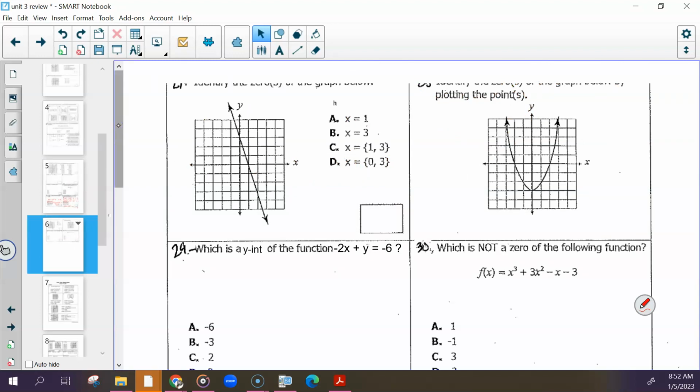What did it say? Identify the zeros on the graph and by finding the points. Okay. Zeros are your x-intercepts. Now, if it said zeros and y-intercept, then you would also include this one. But if it doesn't say y-intercept, don't do that.